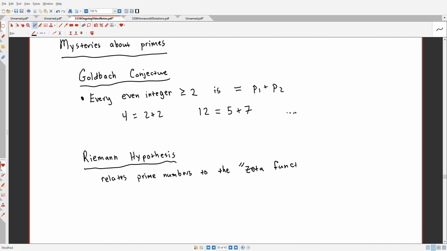And the Riemann hypothesis is about this zeta function, about it can only spit out the output 0 at certain places.